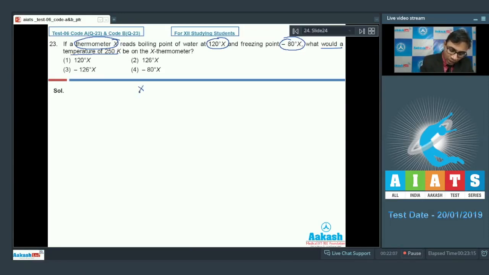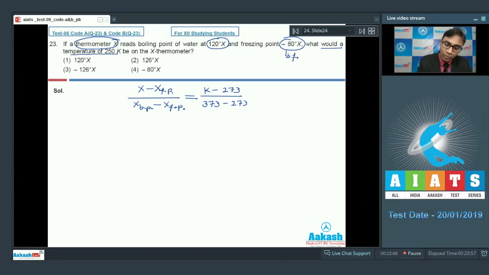That means X minus X of the freezing point divided by X of the boiling point minus X of the freezing point will be equal to, for Kelvin scale we know that K minus the freezing point 273, divided by the boiling point 373 minus 273. So according to the question, the freezing point for this scale will be minus 80 degree X and the boiling point is 120 degree X, right?